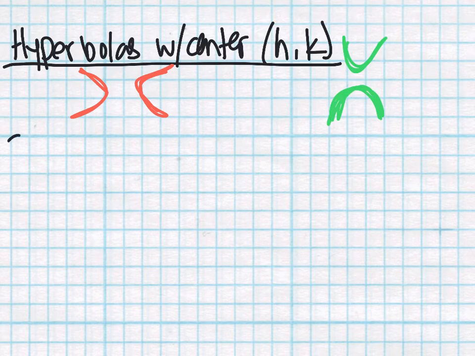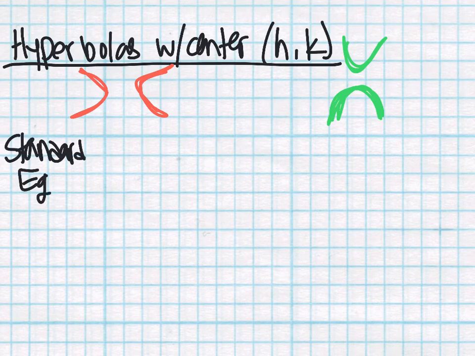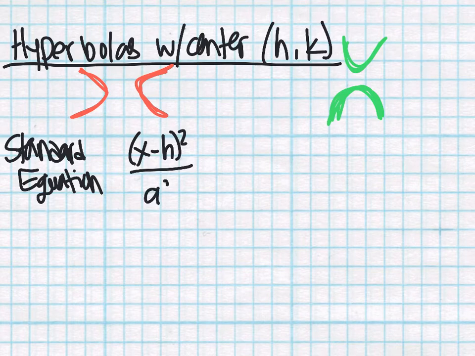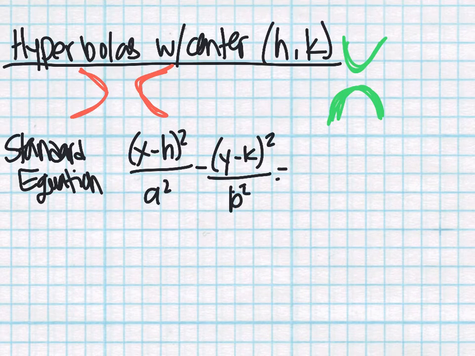So, standard equation. For our horizontal one, we have x minus h squared over a squared minus y minus k squared on the outside, over b squared equals 1.